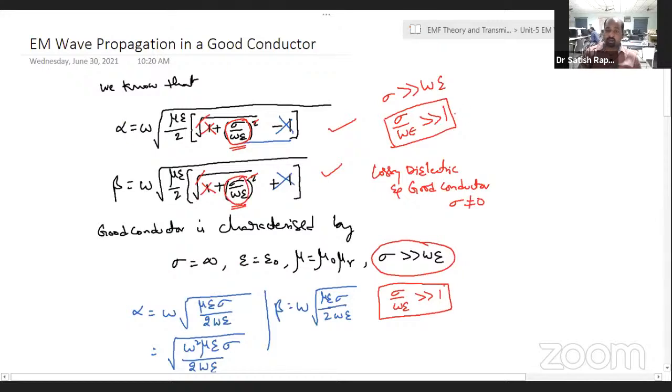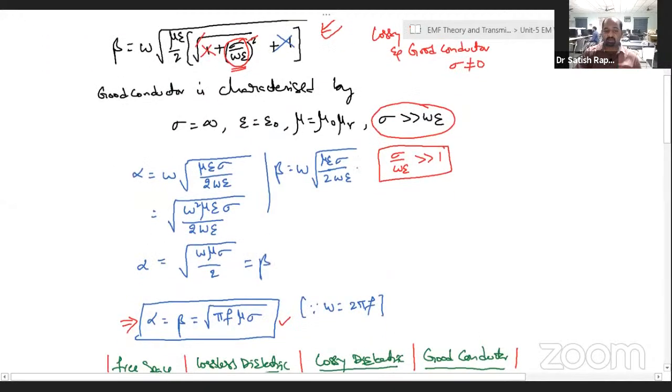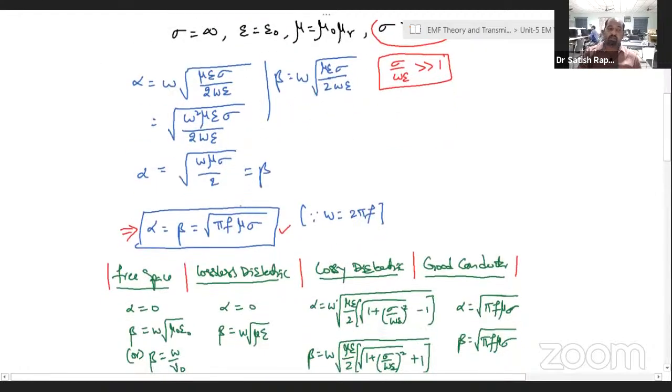Therefore, applying this condition in both the expressions of alpha and beta and simplifying, you will get alpha is equal to beta and not equal to 0. So alpha is equal to beta is equal to root over pi f mu sigma.